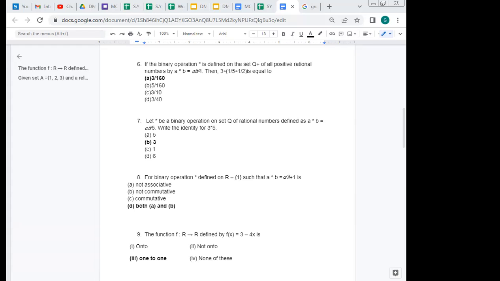Here it is logically also correct, as 5 is the identity element. Then the next question is, for binary operation star defined on R minus 1 such that A star B is equal to A by B plus 1.